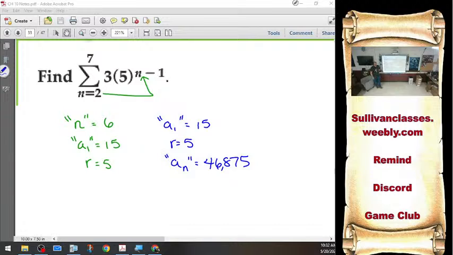All right. And then dump it in your formula. Okay. Now, do you see why I would much rather use the first formula? Because they both involve the same amount of information. But the second formula, a sub 1 minus a sub n times r over 1 minus r, that one requires finding a sub n.